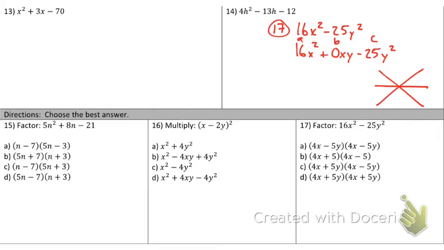Hopefully if you do this correctly, A times C, you should get negative 400. So this is a big number. My B value is 0.